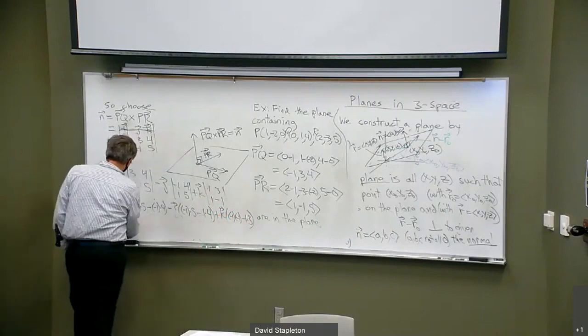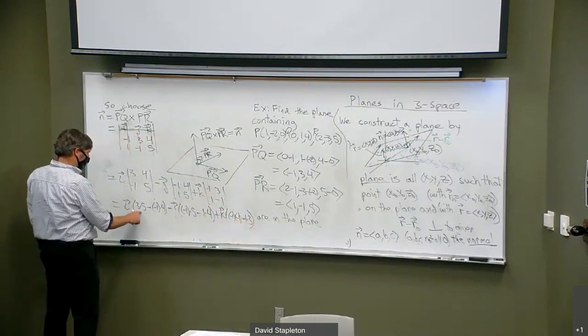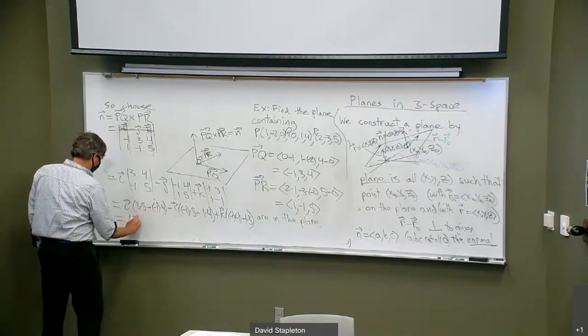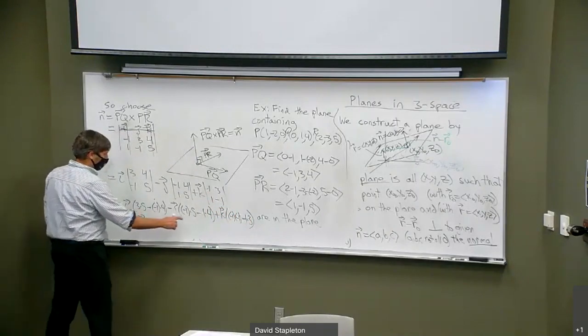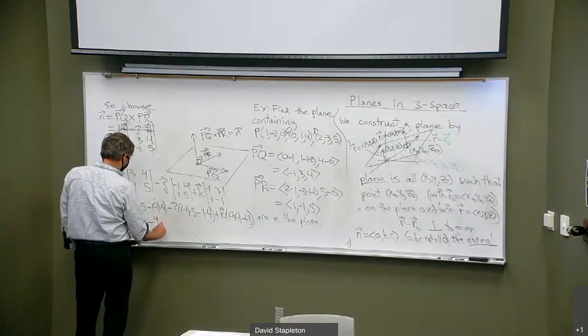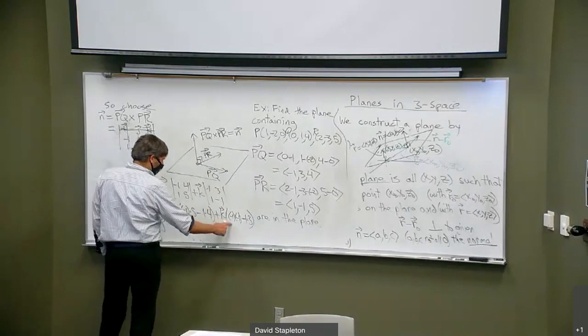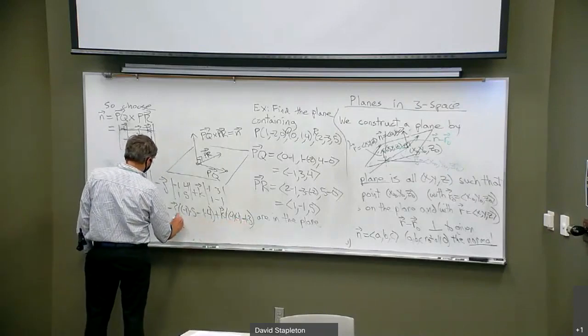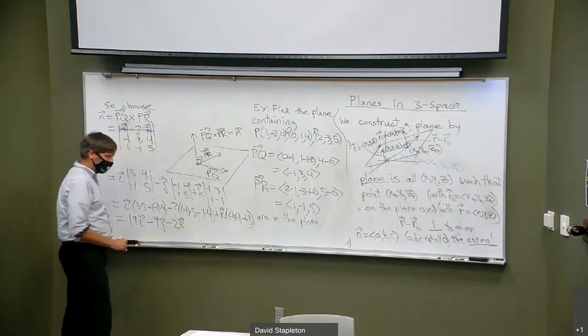There it is. And so I get 15 plus 4 is 19i. And then minus 5 minus 4 is minus 9j. And then 1 minus 3 is minus 2k. Well, those are big numbers. Maybe I made a mistake.